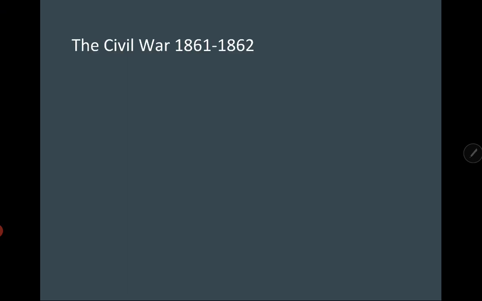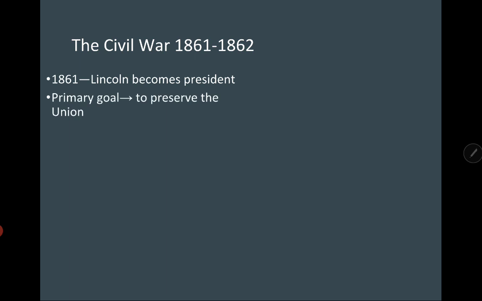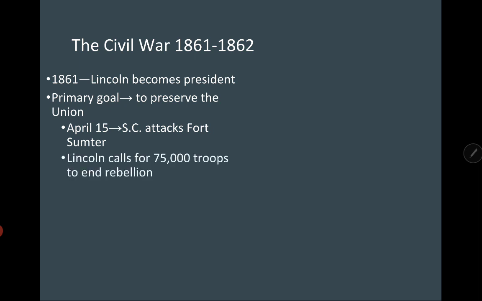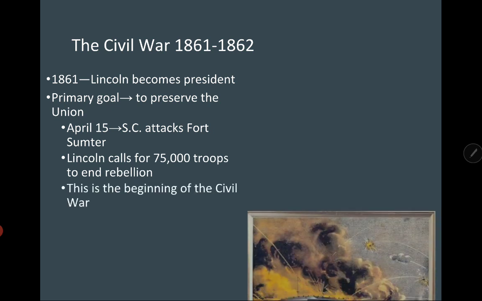So he sees his job as protecting the Union, and the South has already seceded. So in 1861, he wants to preserve the Union, but South Carolina is going to attack Fort Sumter, which we sort of looked at before. Lincoln is going to call for 75,000 troops to end this rebellion, and this is the beginning of the Civil War.